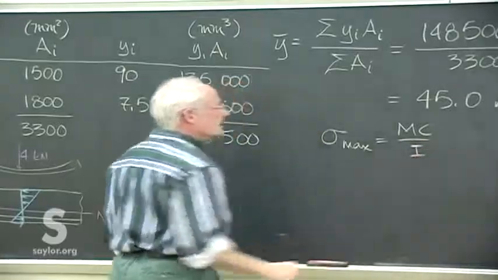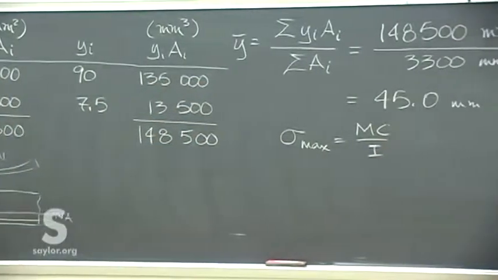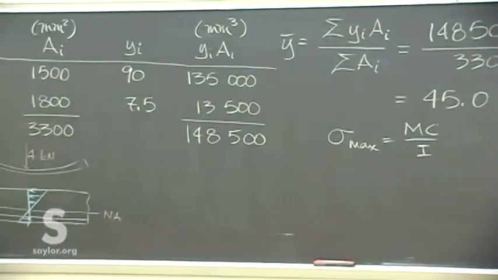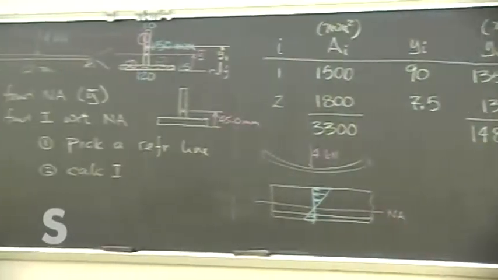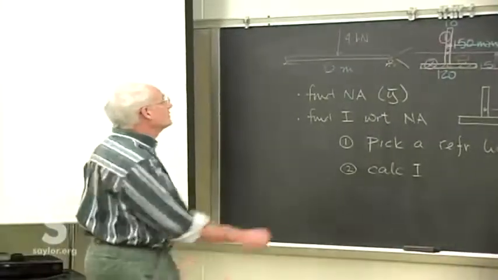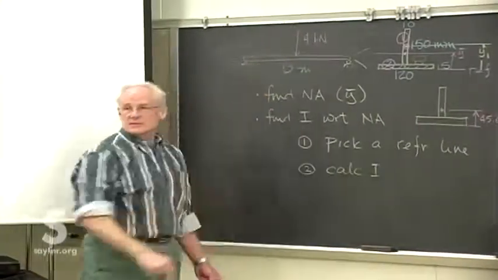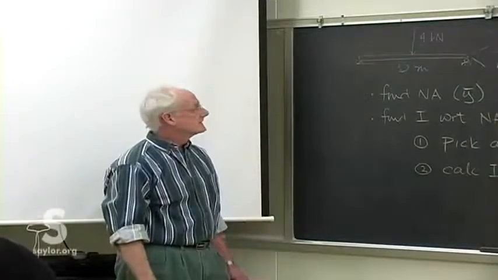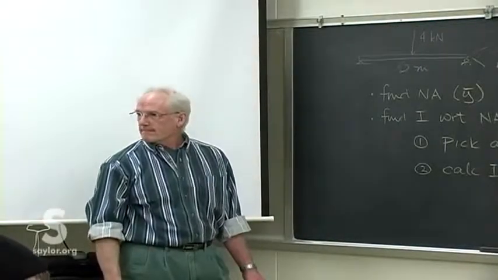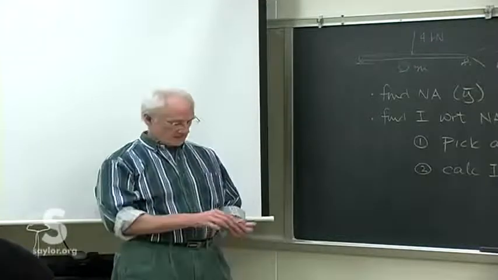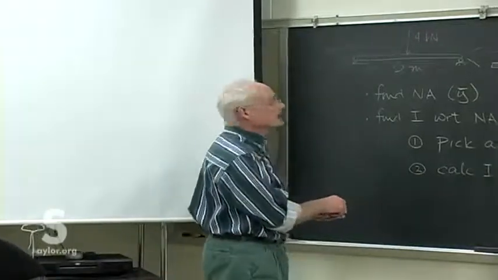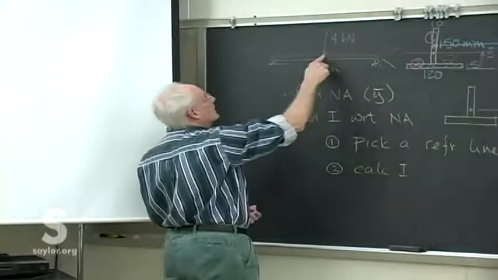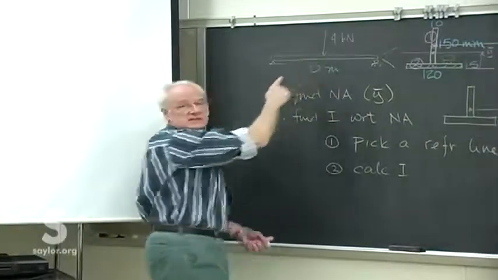Because we have all of these pieces. But let's make sure we've got them right. What's the maximum moment for a beam with this kind of simple load right down the center? It's actually 4 times the distance to that.